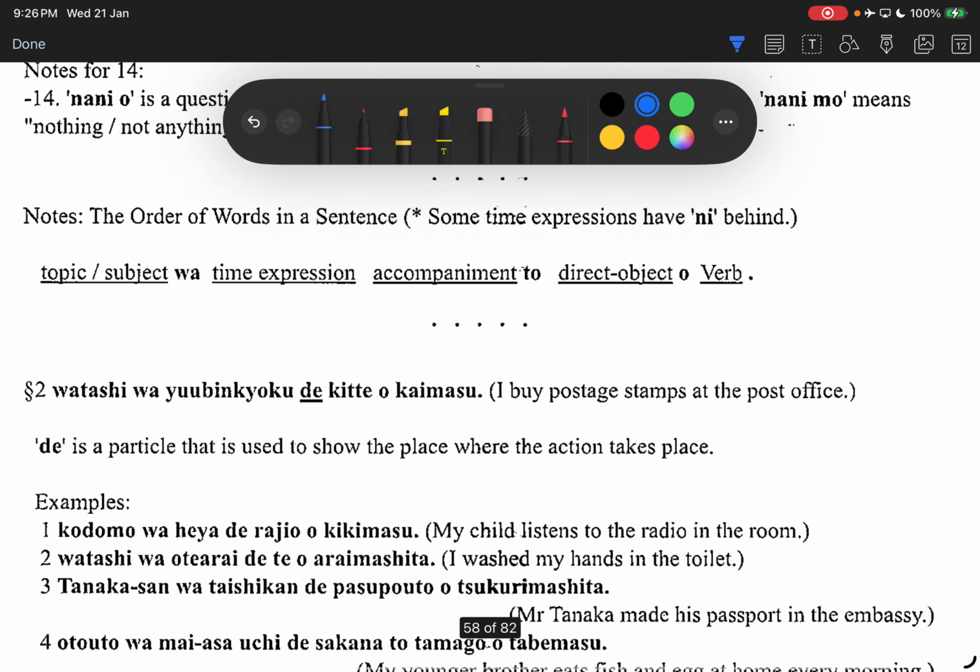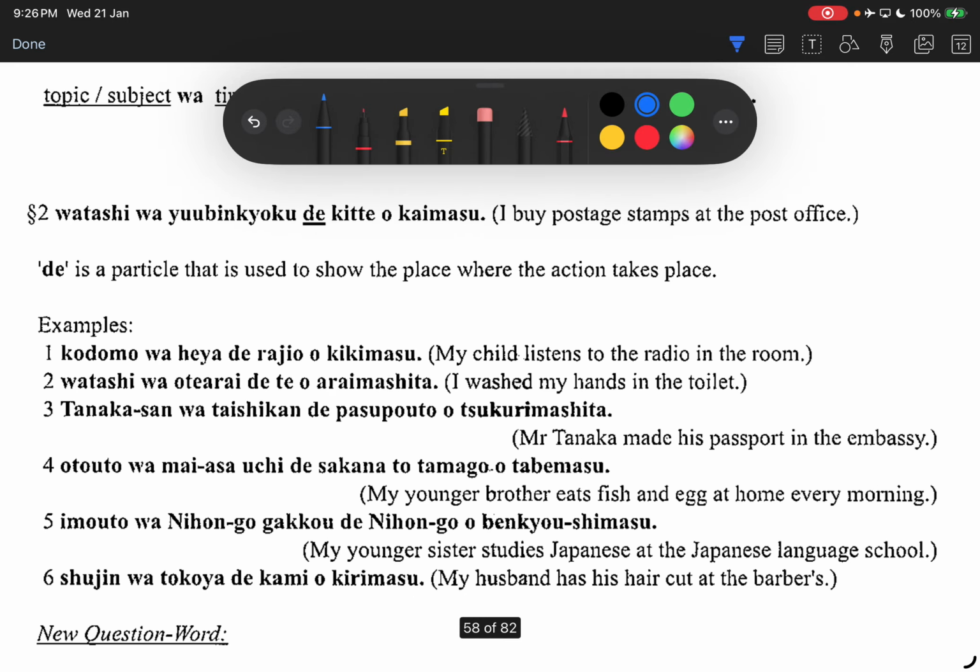Okay, then we move on to number 2. 私は郵便局で切手を買います。Just now we said there is by means of, by modes of transport, by something. But in this case, it has a new meaning. This de here simply means the place of action. That means, where are we doing this verb?